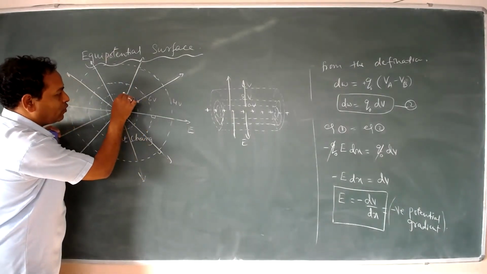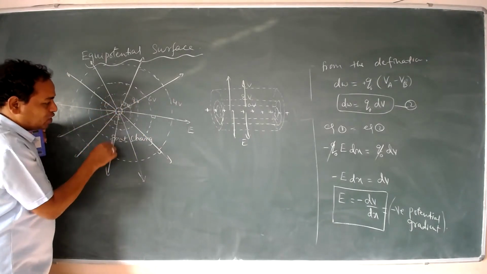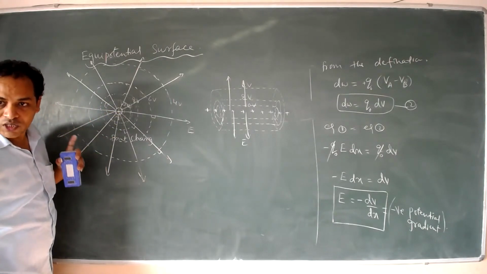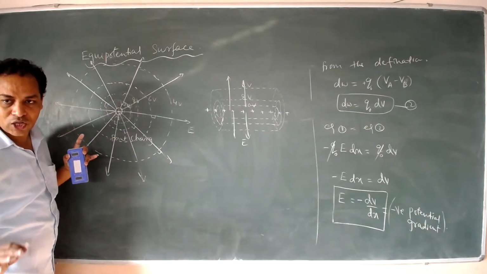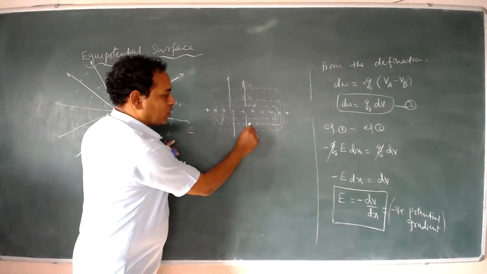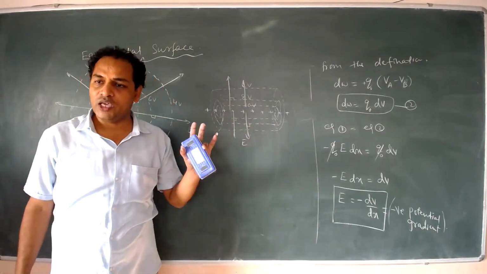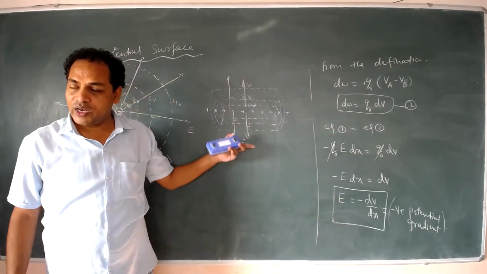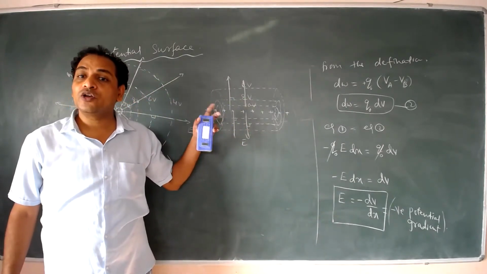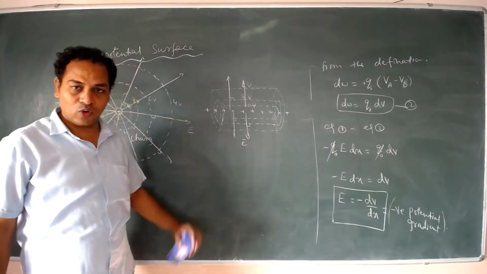For any line, any surface you take, the field line is perpendicular to the equipotential surface. This is also one property: anywhere you take, the electric field will always be perpendicular, that is normal, to any equipotential surface.